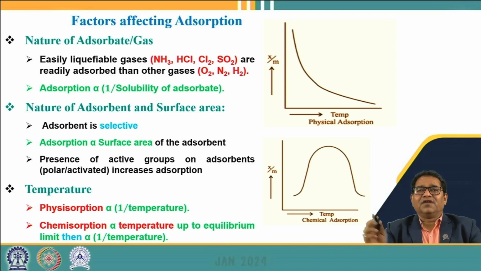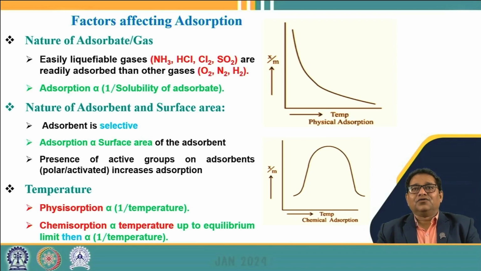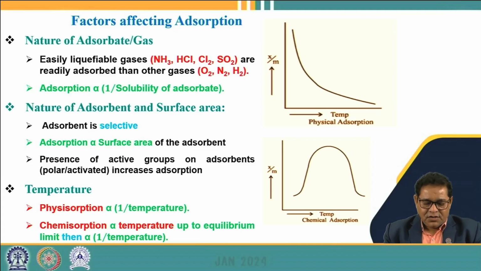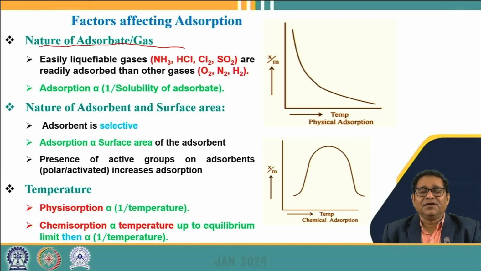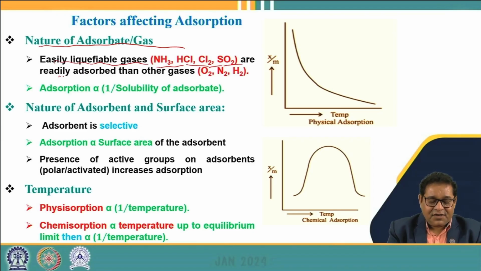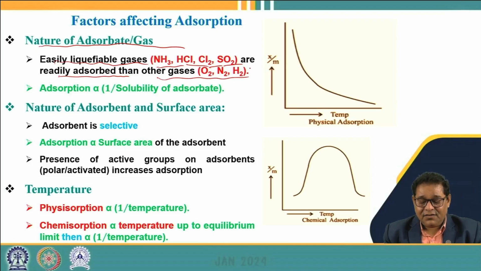Then let us talk about the various factors, how this adsorption process is affected, what the different factors are. Let us talk about the nature of the adsorbate. If there are liquefiable gases like ammonia, HCl, chlorine, sulfur dioxide, they are readily adsorbed compared to other gases like O2, nitrogen and hydrogen.